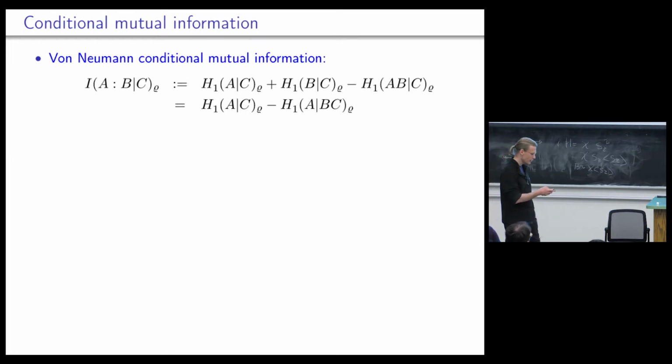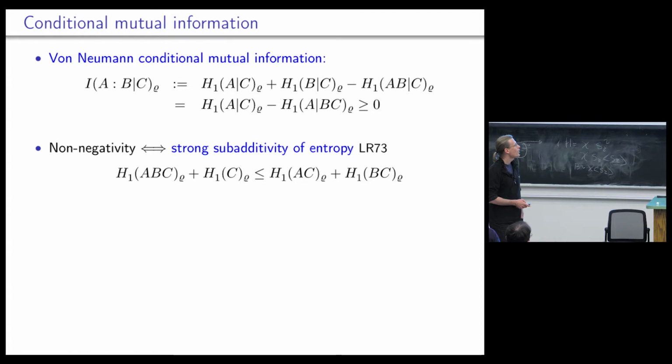And we have seen that if the divergence is monotone, which is true for the relative entropy, then this quantity is going to be non-negative. So this is the conditioning reduces uncertainty principle. And this actually is equivalent with the strong subadditivity of entropy. So if you write this out, then you will see that this is equivalent to this inequality here.